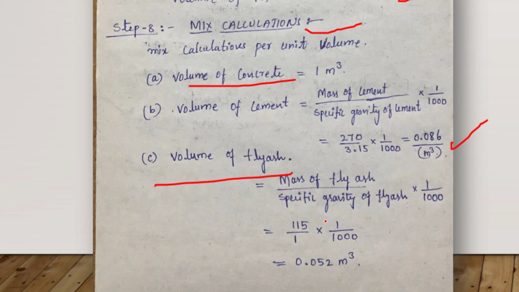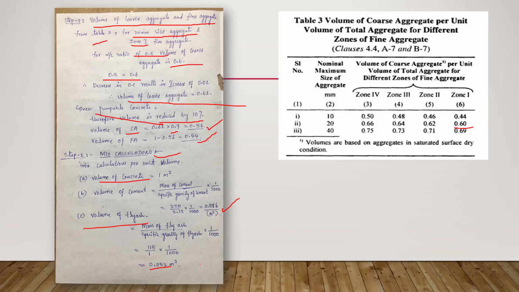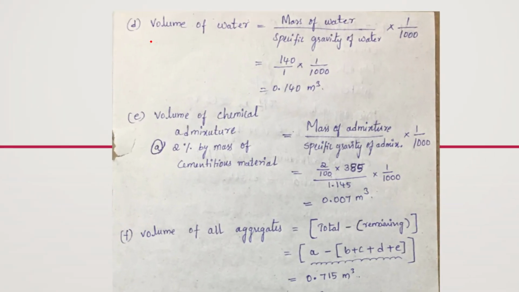Okay. Next, volume of fly ash: mass of fly ash by specific gravity of fly ash into 1 by 1000. So 115 by 1 into 1 by 1000, this is 0.052. Volume of water: mass of water by specific gravity of water into 1 by 1000. So 140 by 1 into 1 by 1000, that is 0.140. This is the volume of water.